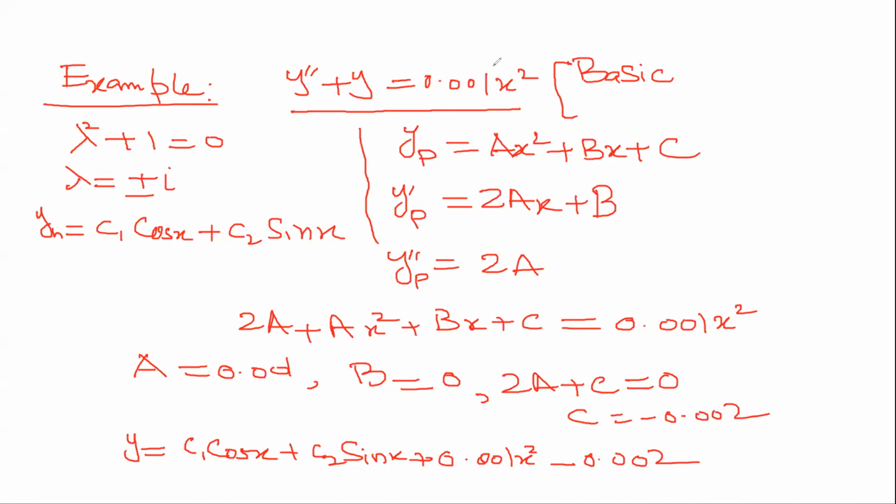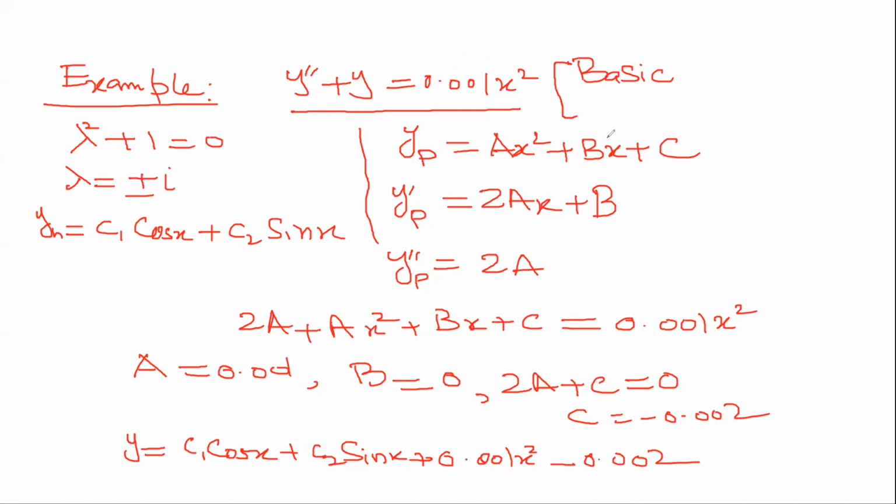What I mean is that I can explain it with the other case. For example, if instead of this function 0.001 x square, we have something like sine of x, then the solution for that sine of x will also be in terms of sine and cosine of x.